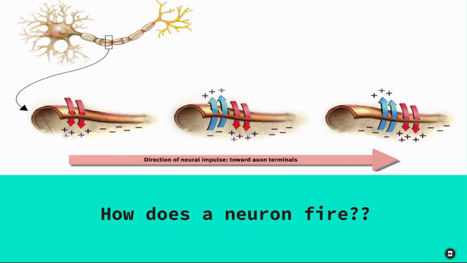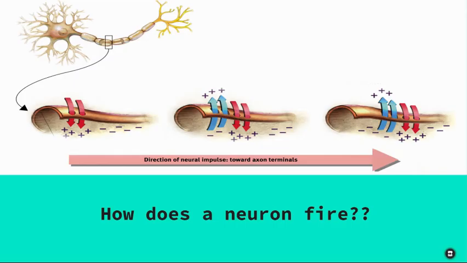Finally, with how a neuron fires, we talk about neurons as being depolarized versus hyperpolarized. Depolarized neurons are less likely to have an action potential. I'm sorry, I said that wrong. Depolarized neurons are more likely to have an action potential versus hyperpolarized neurons, which are less likely to have an action potential.